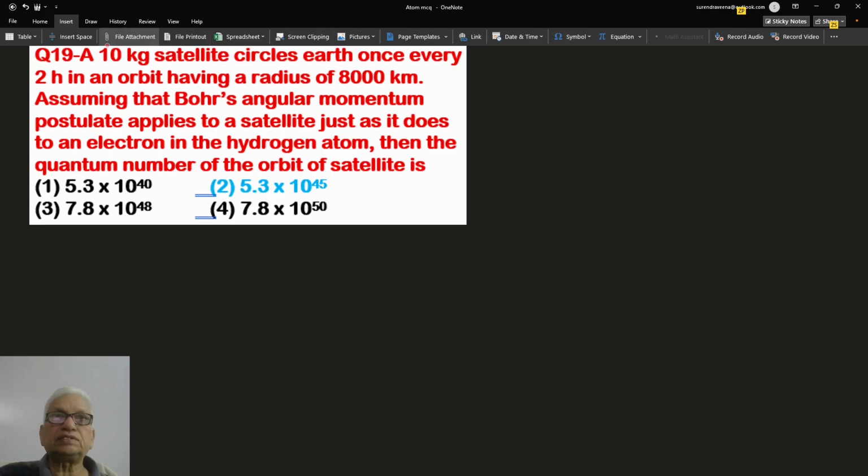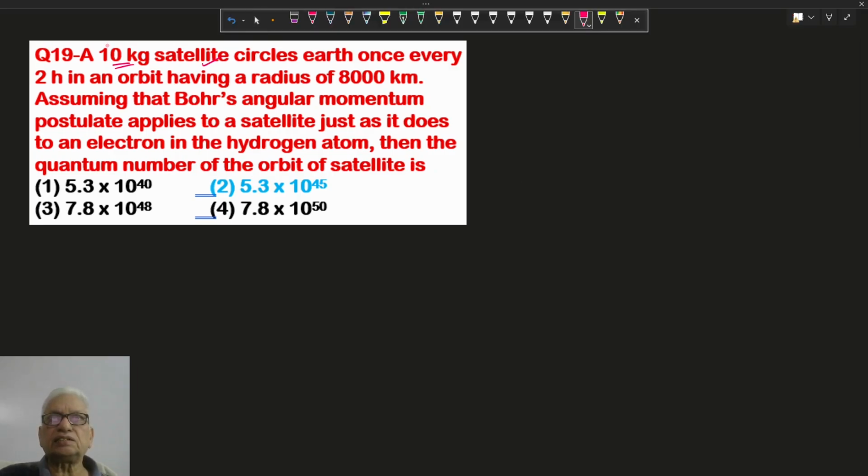Hello, in this question, a 10 kg satellite circles around Earth once every 2 hours in an orbit having a radius of roughly 8,000 km.